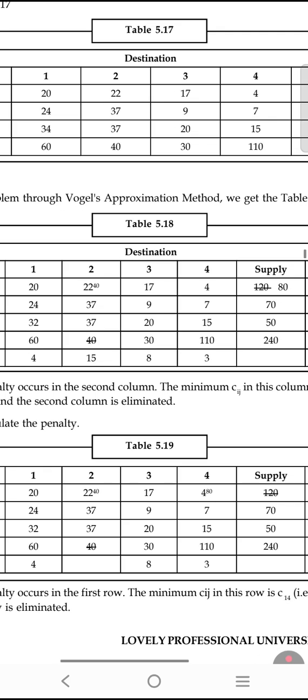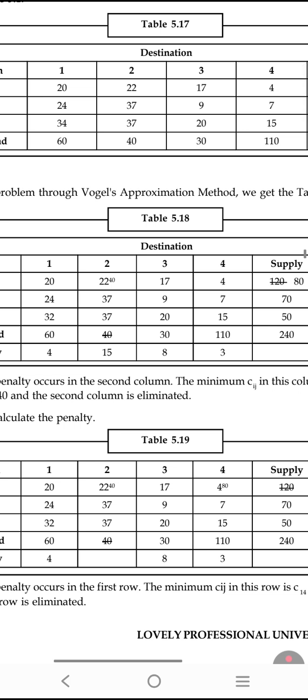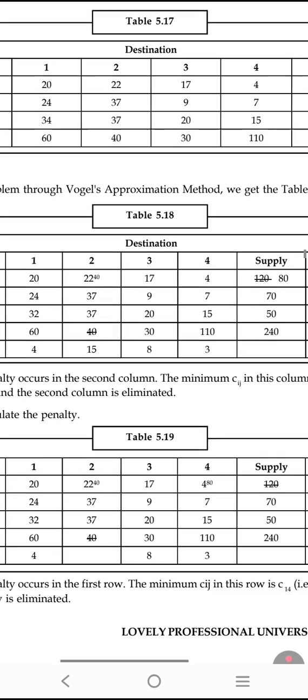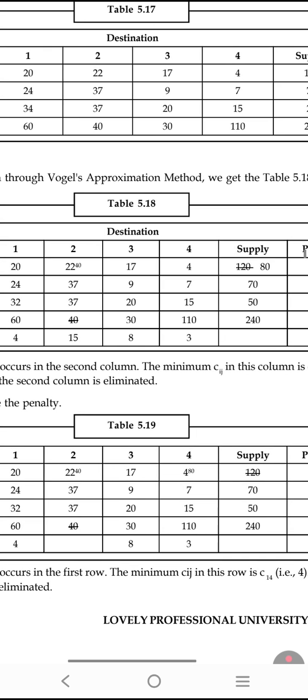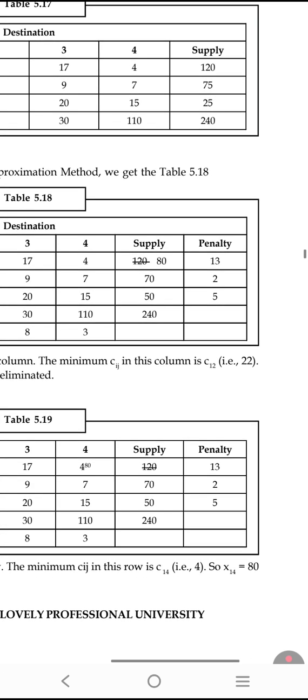Selecting the first row, the smallest cost is 4 and the next smallest cost is 17, and we calculate the difference between these two costs, 17 minus 4, which is 13. We denote this difference as the penalty, and the penalty is 13.